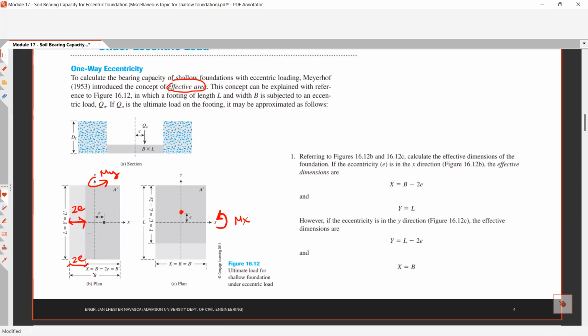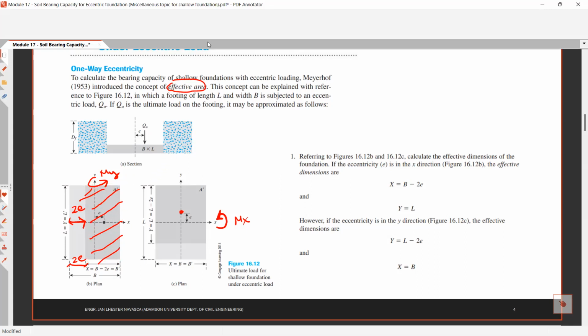Okay? So, ang gagawin nyo, total length B minus 2e. Ito yung total length x, which is yung B prime. And this will be your effective area in the bending in y. Yan lang yung area na yan. Itong area lang na to.